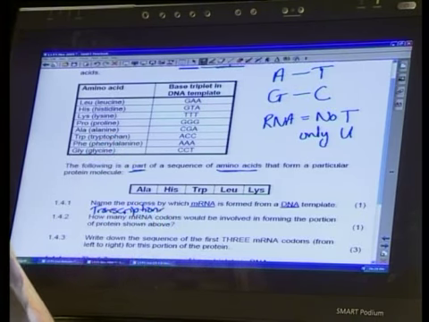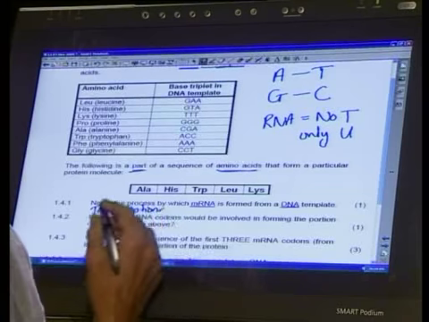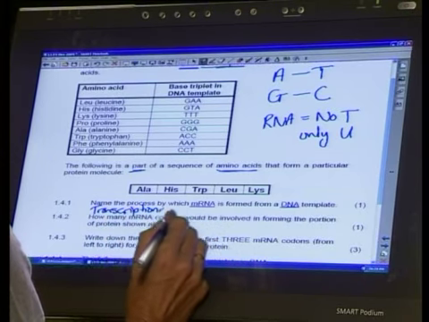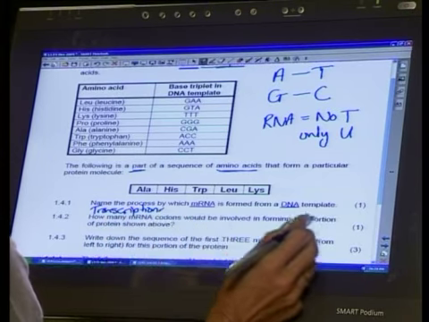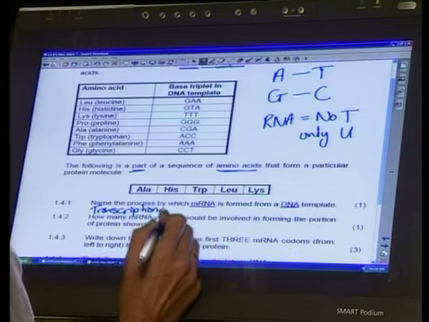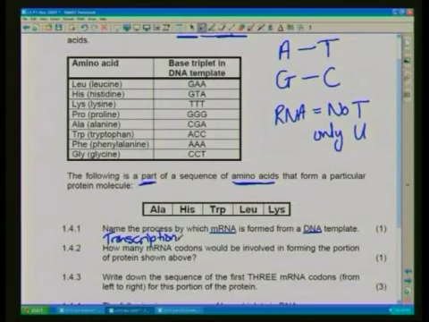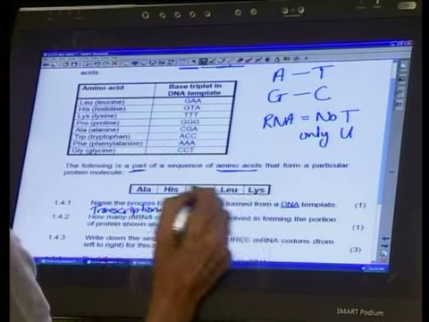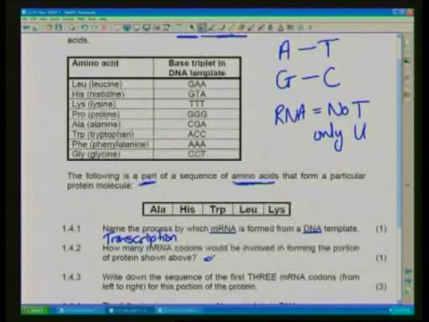You are duplicating what is there. How many messenger RNA codons would be involved in forming the portion of the protein shown here? That is going to be 1, 2, 3, 4, 5. Yes, we're going to have a codon each time because your base triplet is a codon, and there are going to be 5.